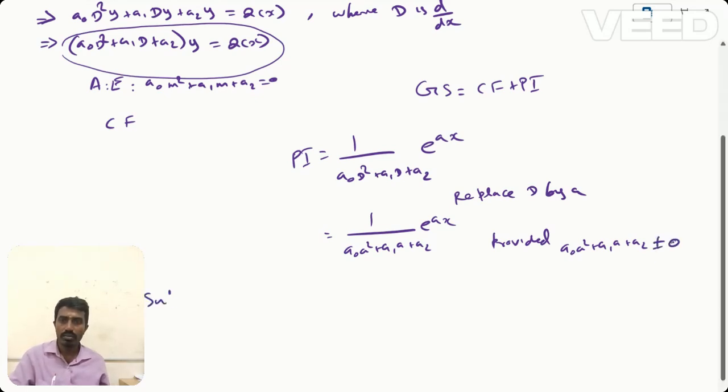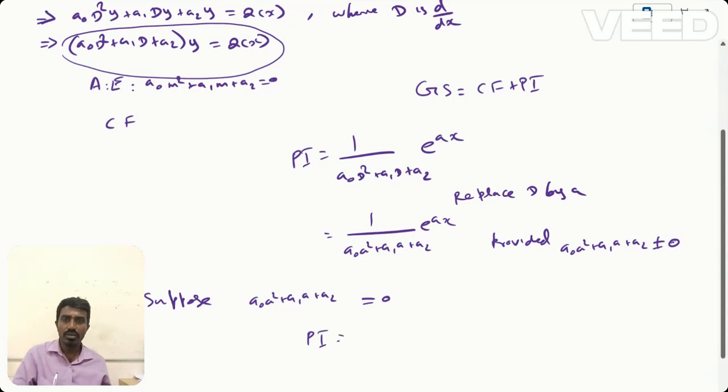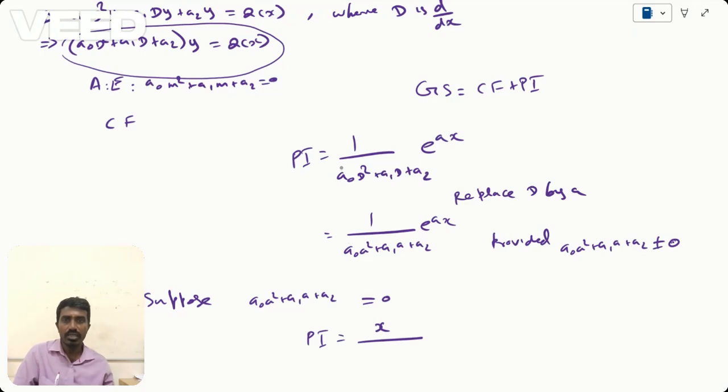Suppose the denominator is 0. In that case, PI equals, multiply x in the numerator and differentiate the denominator with respect to d.